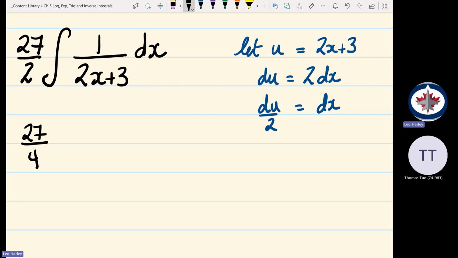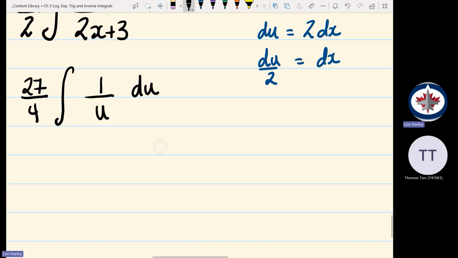And then inside of here, it's the integral of 1 over u du. Right? And then what's the integral of 1 over x, or the integral of 1 over u? What did you call it? So it's going to be 27 over 4, the natural log of the absolute value of u.